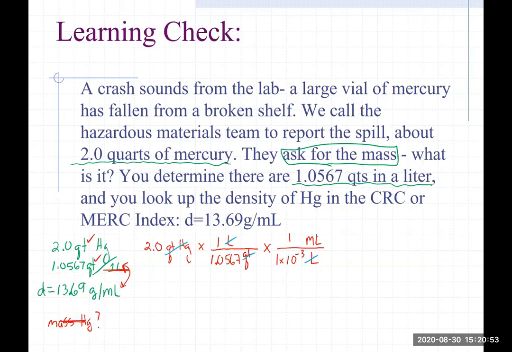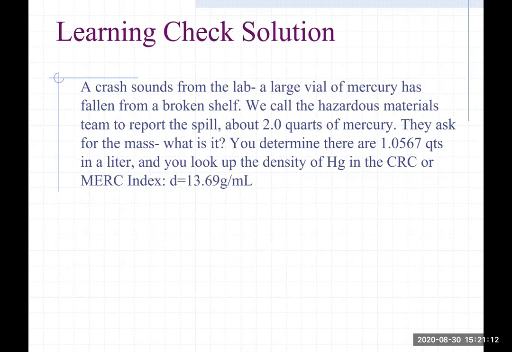I have mils. I don't want mils because they're asking me for the mass. I go back to the question, look at the question, and I say, I don't want mils. They're asking me for the mass. That means mils have to go on the bottom because I have to cross-cancel them some way. I have density over here that has mils in it, and it also has grams in it.